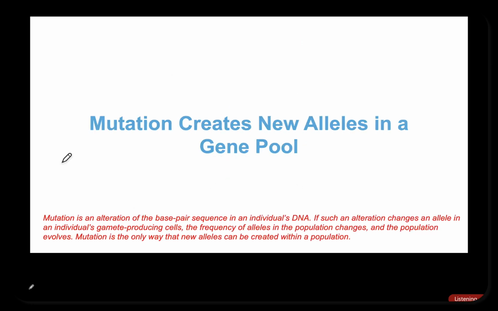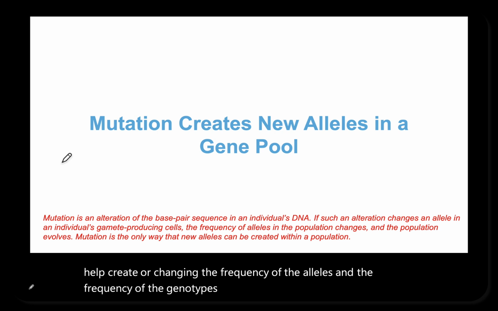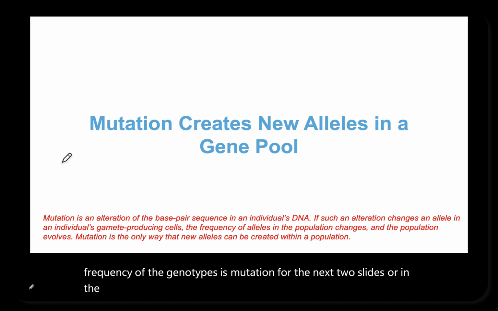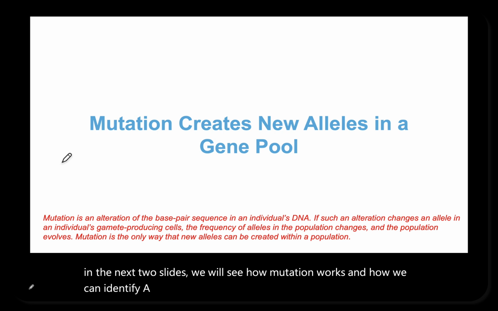Another biological phenomenon, or another mechanism that can help create or change the frequency of the alleles and the frequency of the genotypes, is mutation. In the next two slides, we will see how mutation works and how we can identify a mutation in a population.